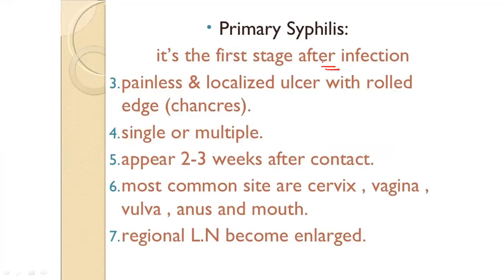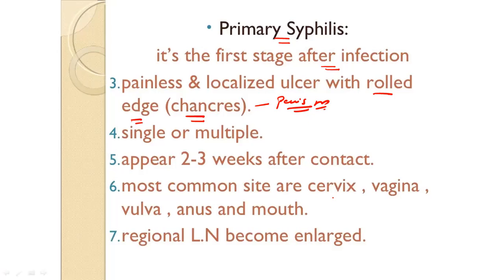So the important thing to remember in primary syphilis is chancres, right? The chancres are painless, localized ulcers with rolled edges. They may be present on the penis of the male and the cervix of the female.